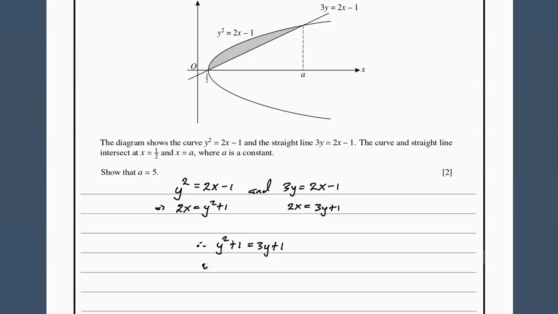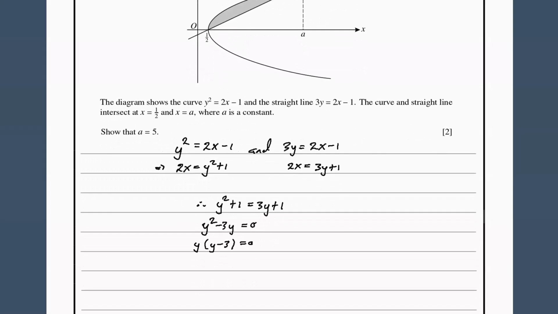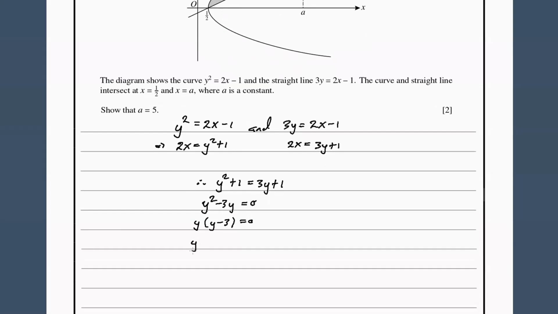And rearranging, we'll be having y squared minus 3y, and 1 minus 1 is 0, so this is equal to 0. Okay, so y of y minus 3 is equal to 0, and the possible values of y will be y is equal to 0 or 3.